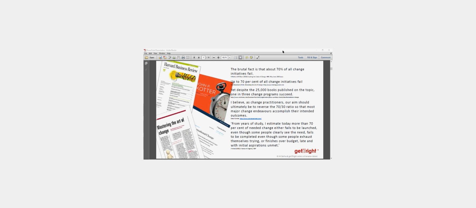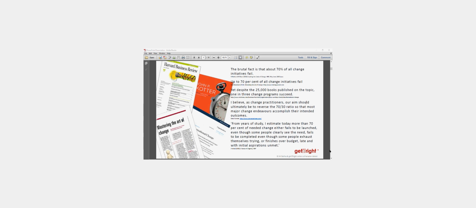Now, it's interesting in Stefan's presentation, he talked about the definition of insanity that Albert Einstein defined. And actually, in this sense, I agree with Einstein.